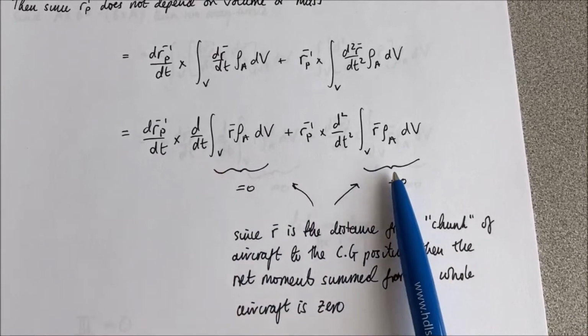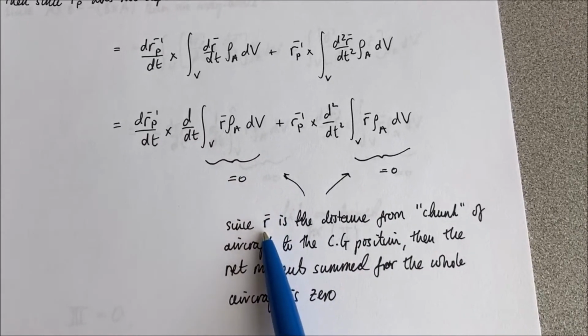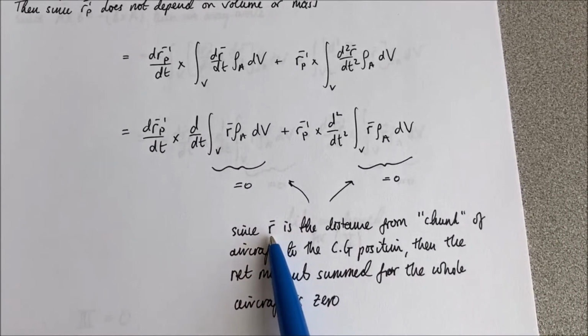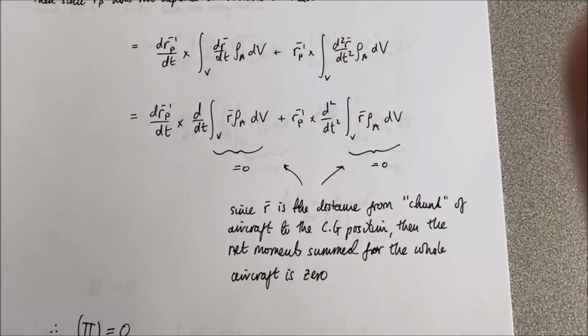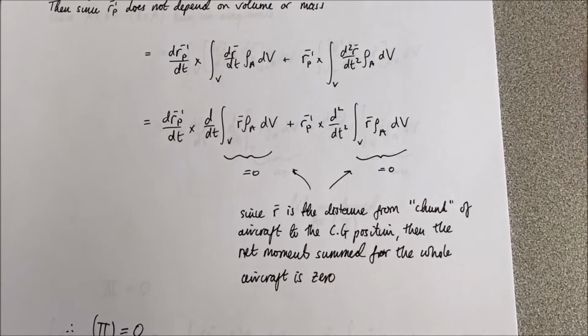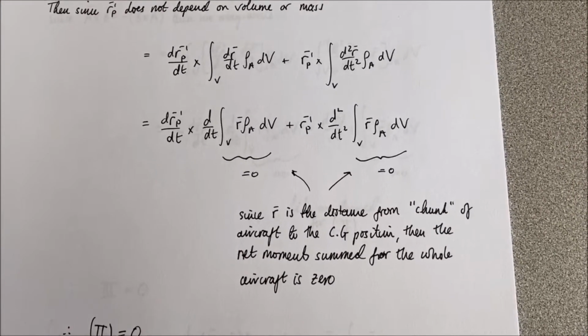And remember from our derivation of the conservation of linear momentum equations that if r bar, so this is the vector relating our chunk of aircraft to the center of gravity position, then if the aircraft is in trim, the net moments about that point are 0.